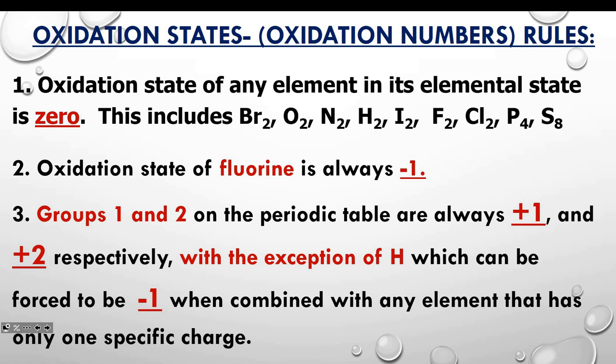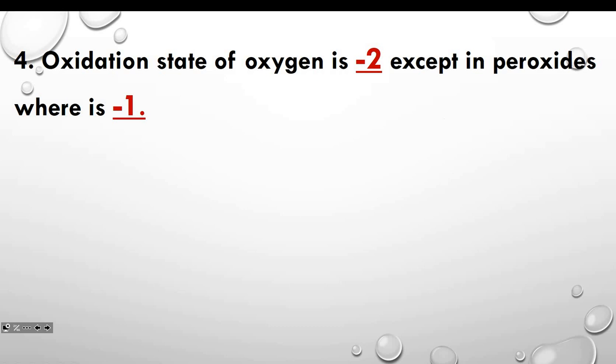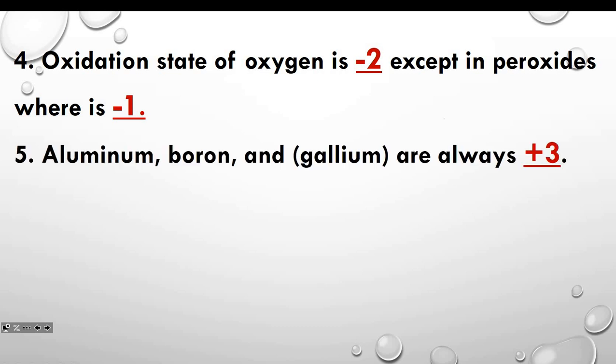Okay? Going forward just a little bit. We okay? Fourth one, oxidation state of oxygen is -2 except when it's forced to be a -1 in peroxides. That's like H2O2 or Li2O2 or Na2O2. Those are the most common ones.